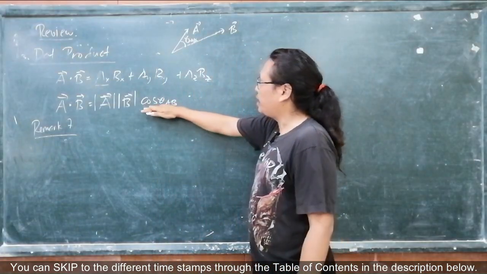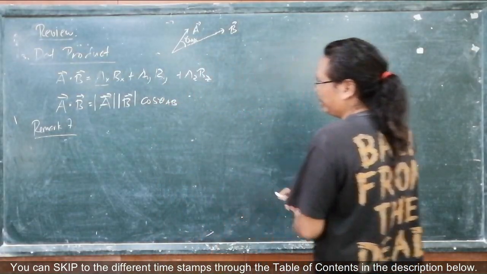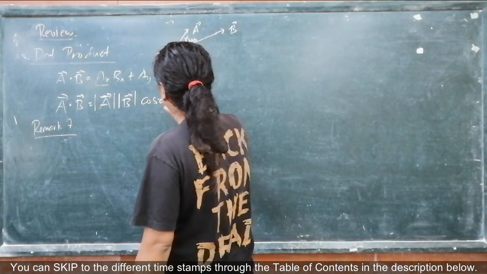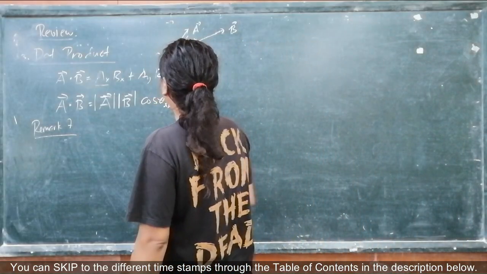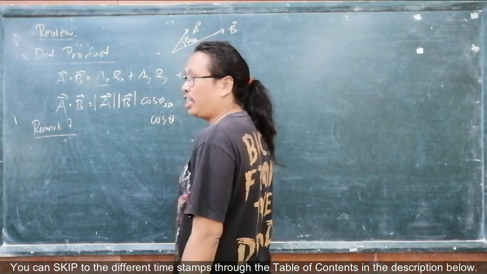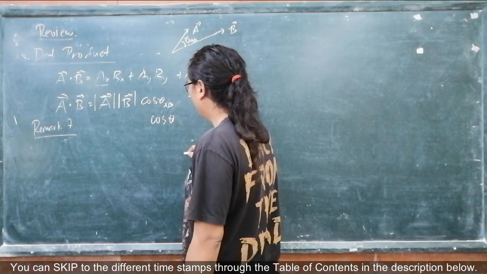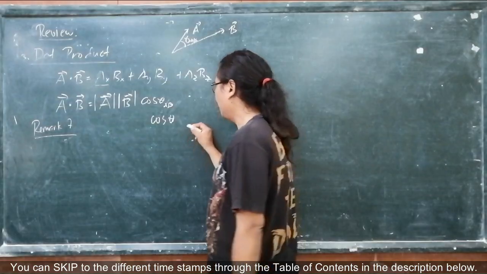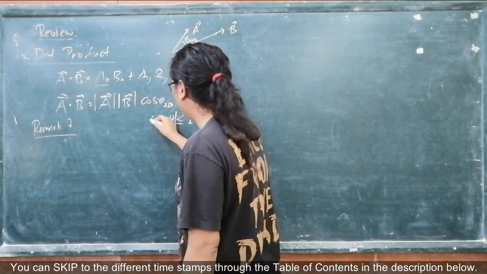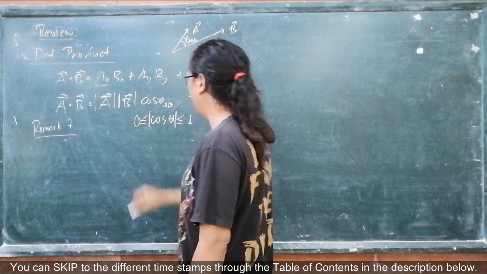Now, what's the value of cosine? We know that cosine of an angle theta, for any theta, if you just take the absolute value, is from 0 to 1.